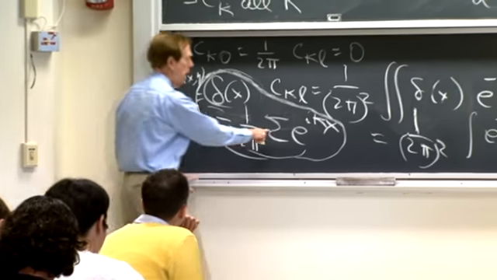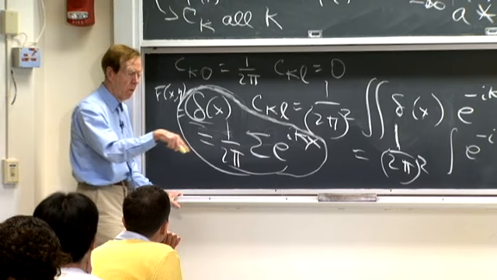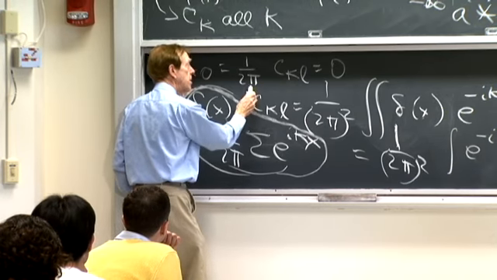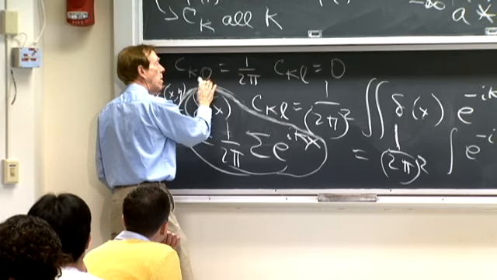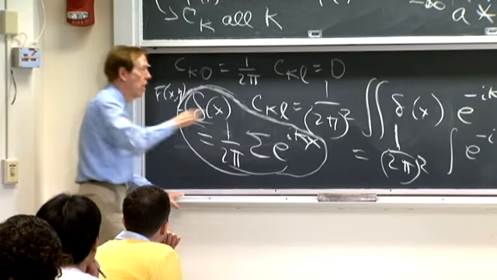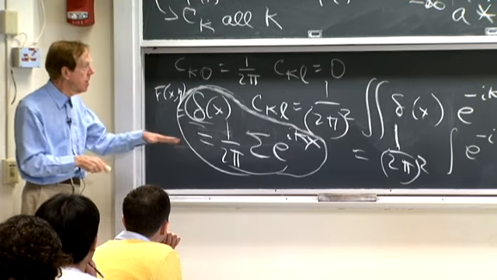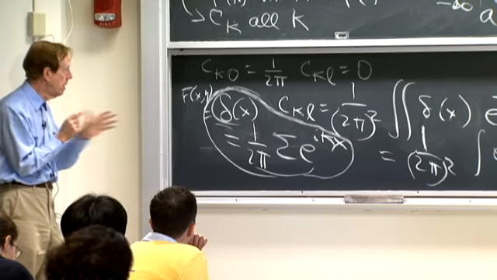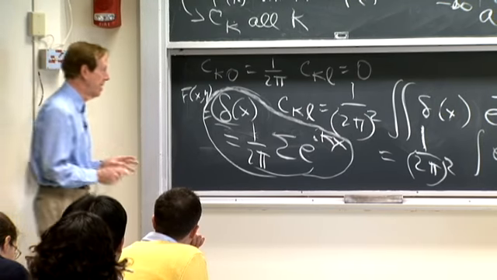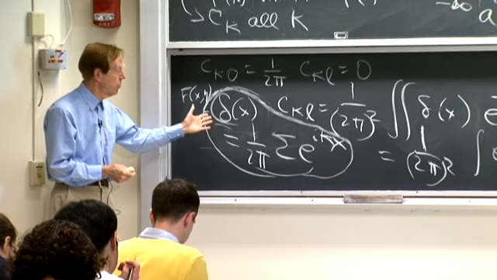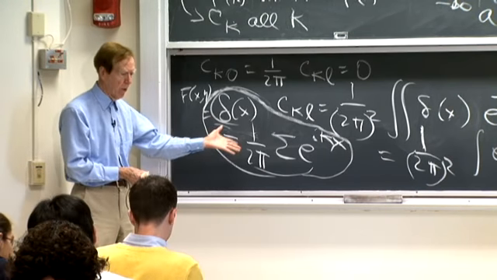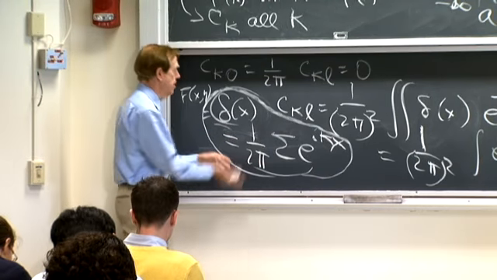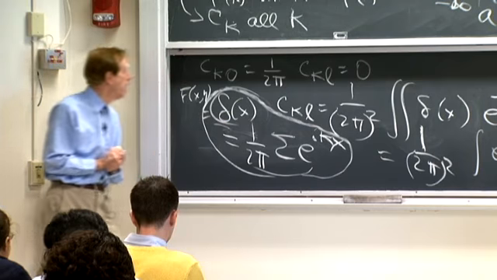All the coefficients are 1 over 2 pi, all constant when L is 0, but there's no y, there's no oscillation in the y direction. I don't know why I got into that example, but the conclusion was just it's the Fourier series that we already know, and it doesn't depend on L because the function didn't depend on y, right?